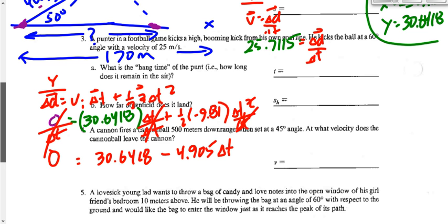Take the 30 over by subtracting. Divided by 4.905, because that's what's attached to the t. Take it over by dividing by that. 30.6418 divided by 4.905 equals 6.247 seconds.